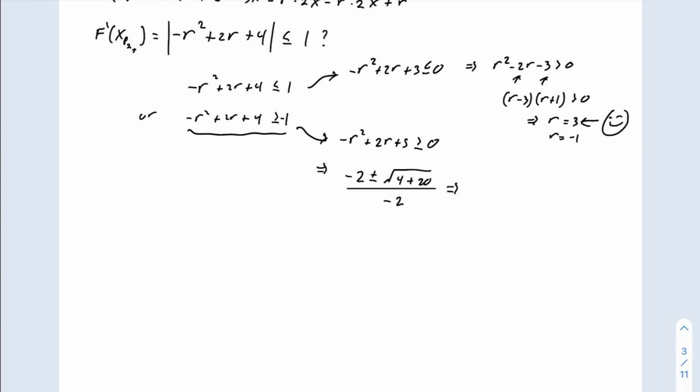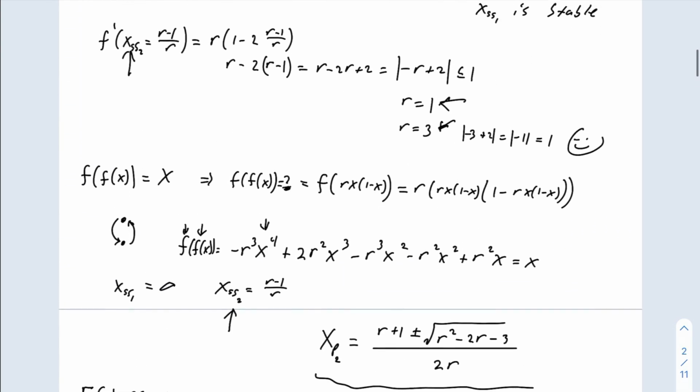That goes to 1 plus or minus root 24 all over negative 2, which is equal to 1 plus or minus root 6. Cool. So 1 minus root 6 is less than 0, and r must be greater than 0, so that's not the one. So r equals 1 plus root 6 is where it bifurcates.